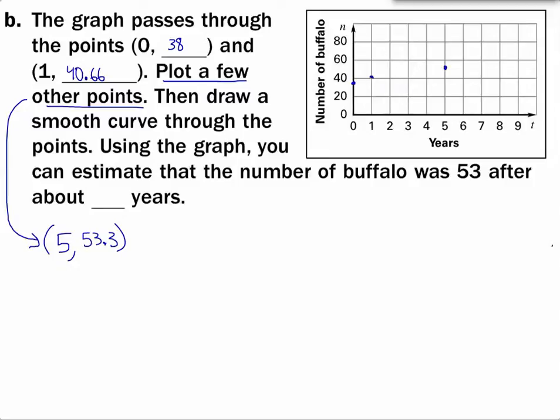And then maybe when t is 9, 69.8-ish. So I'll write 69.8. Of course, we know that means realistically we're looking at 70. So when t is 9, we're talking about 70, which is there.